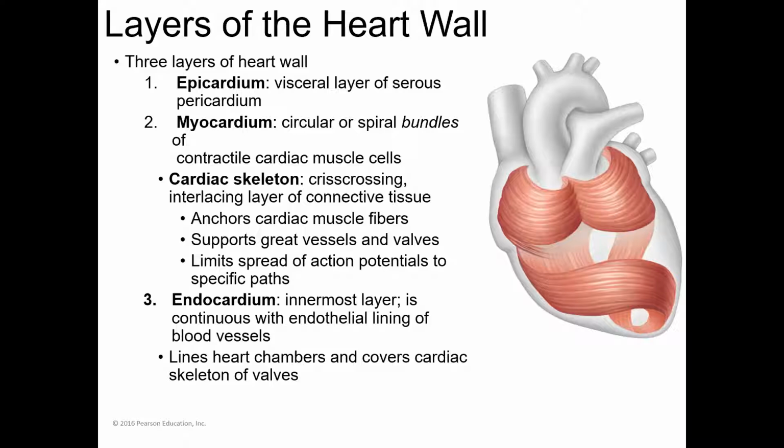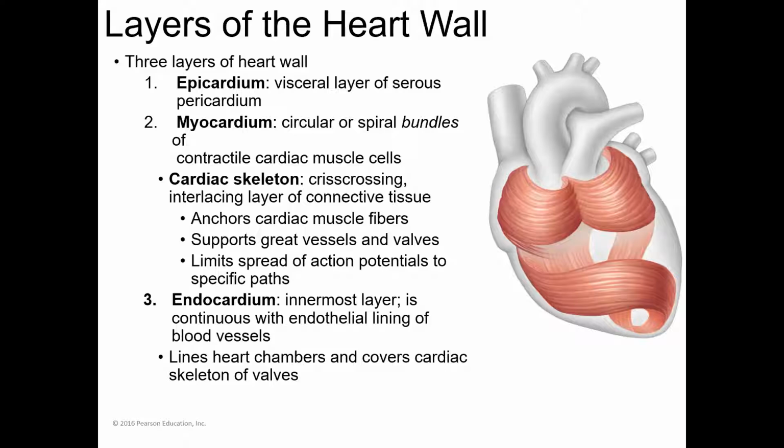The cardiac skeleton has connective tissue that goes across the cardiac muscle and helps to anchor the muscle fibers in place. The reason we do that is that not only do we support the valves and support the large vessels, what we call the great vessels, but we keep the action potentials.